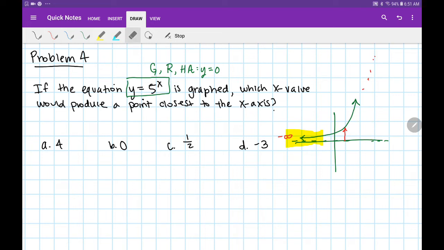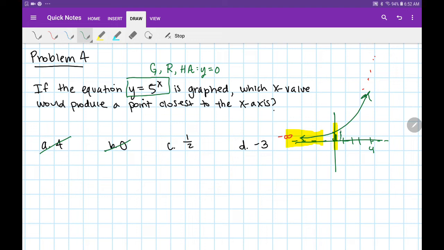So we want to choose the smallest point. Well, what's the smallest? Definitely not positive 4, because that would be an x value over here. 0 looks tempting, but 0 is right here. And that's not what I'm interested in. I want further to the left.